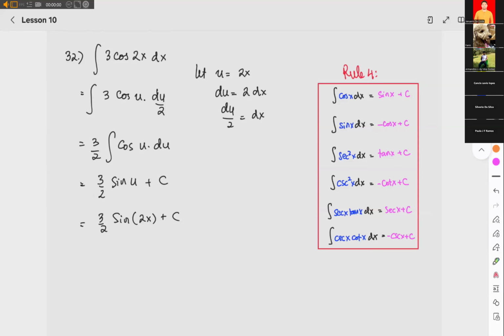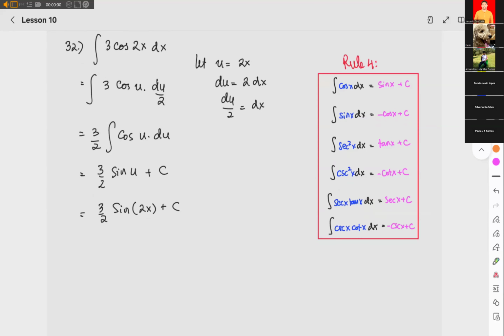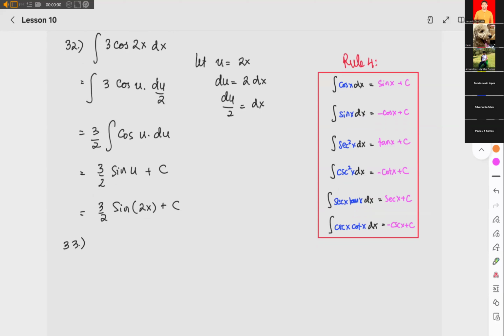What about problem 33? The integral of tangent of x dx. What is the integral of tangent of x dx?